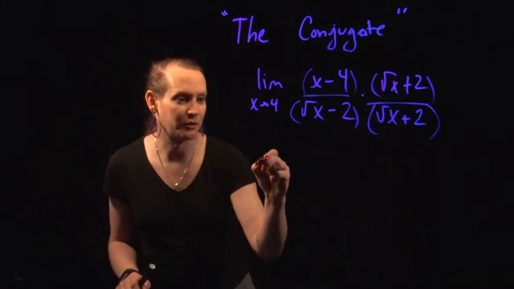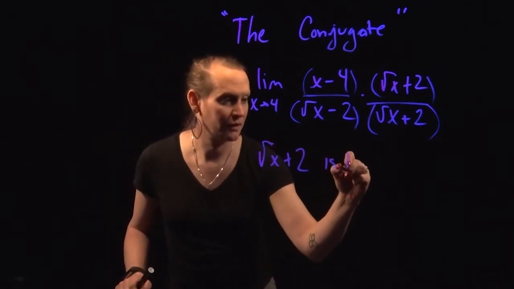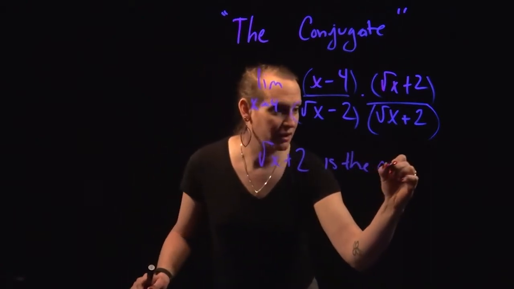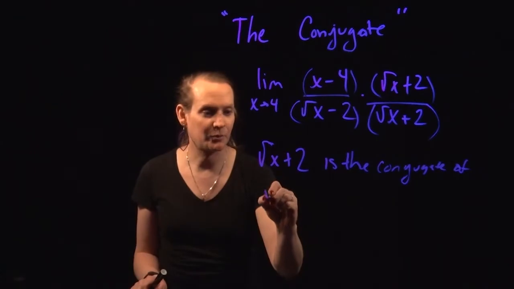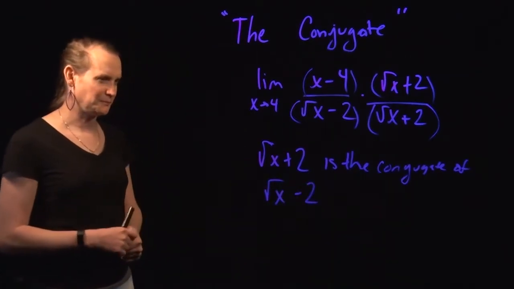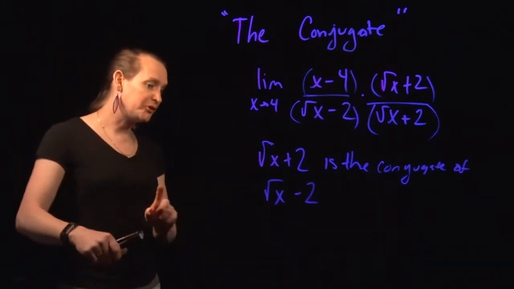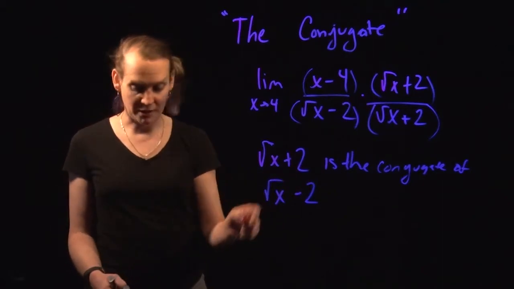Let me write that down for you. The square root of x plus 2 is the conjugate of the square root of x minus 2. So the only thing that changed when going from here to here is that my minus sign turned into a plus.